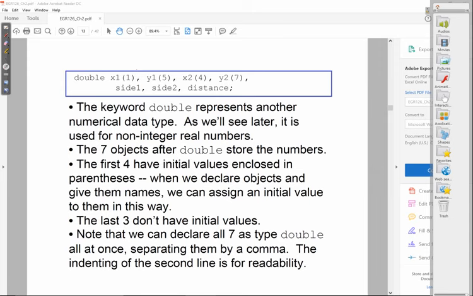And if x and y are real numbers, then side 1 and side 2 obviously have to be real numbers, okay? And distance, of course, must be a real number, because even if my x and y values are integers, can everybody see that once you take a square root, that distance usually is going to be a real number, okay?